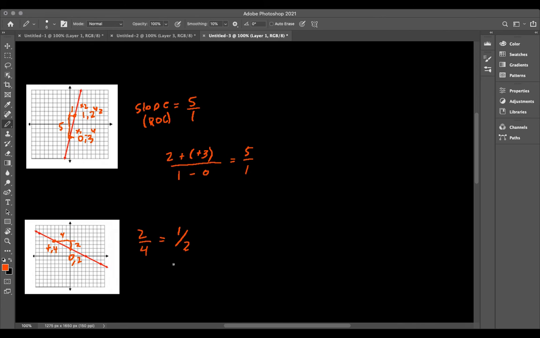If I do my math here, I get y2, which is 4 minus 2, over 4 minus 0, and that's where I get my 2/4, which equals 1/2. And that would be the answer to the question.